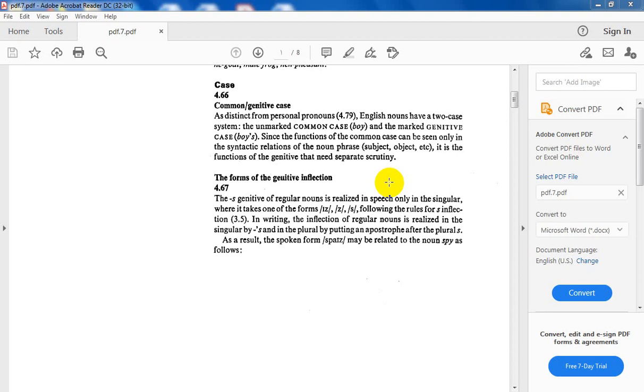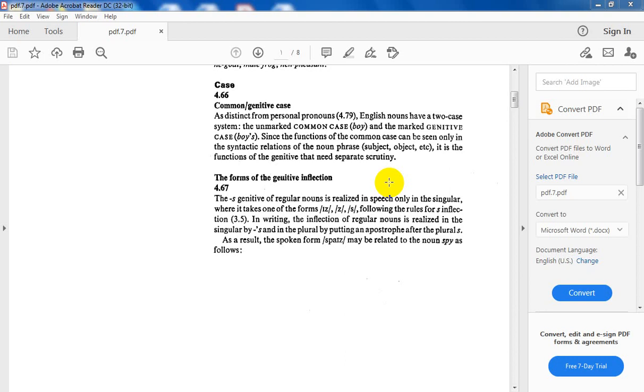See, like boy here. And the marked genitive case. Here I have apostrophe plus S. Up to this point I do not know what kind of S this is.